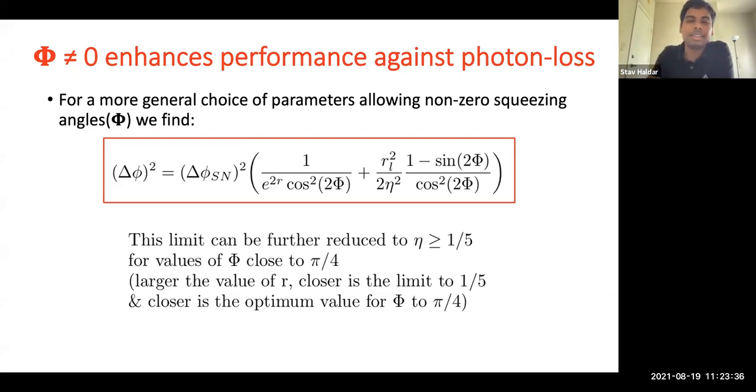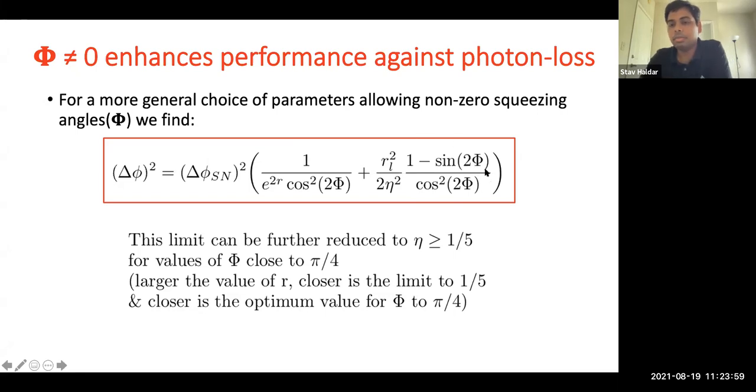And if you look at a toned down version of that expression, just for simplicity, where you assume the squeezing angle phi is non-zero, but still work under the assumption that capital theta, that combination, is still pi, you get a slightly different expression depending on the value of phi.